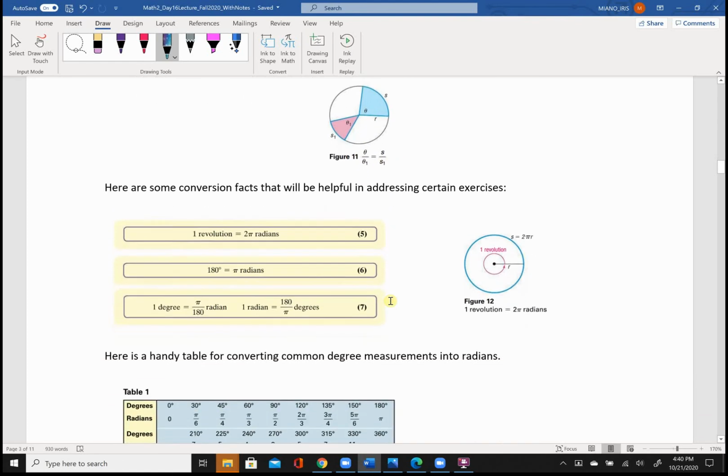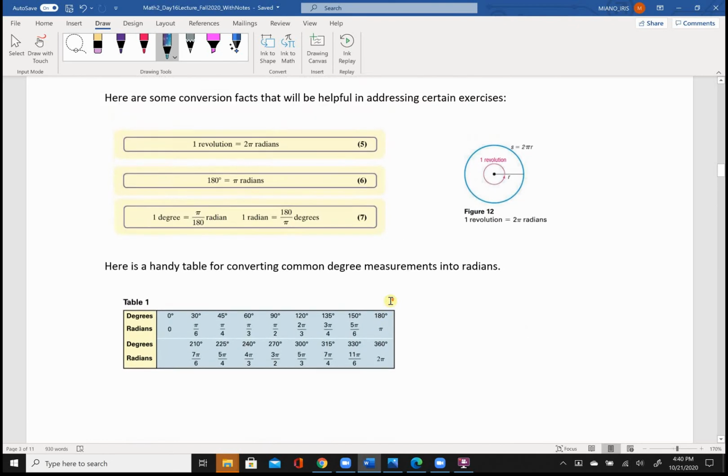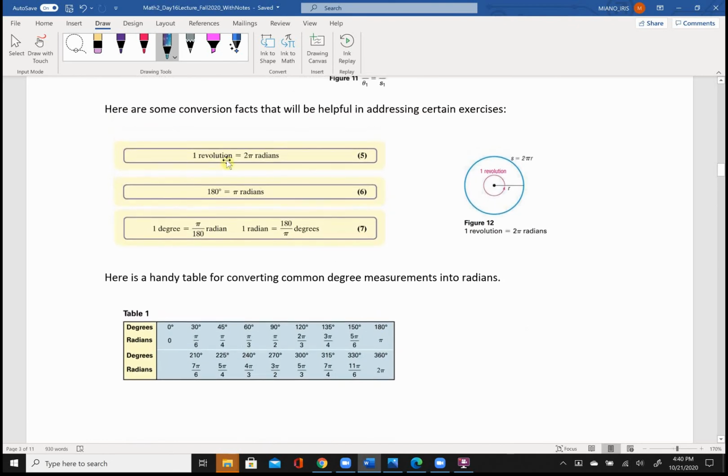And then we're presented with various conversion facts right here, which are going to help us go from degrees to radians and back again all day long, and to also think about these things in terms of revolutions, swings around the unit circle. If you want one complete revolution, it's the same as 2 pi radians in movement, which is the same as 360 degrees.